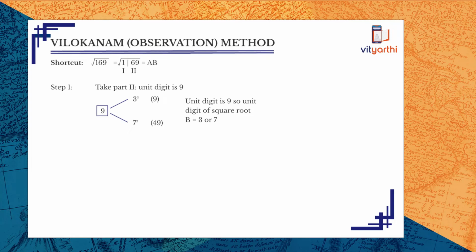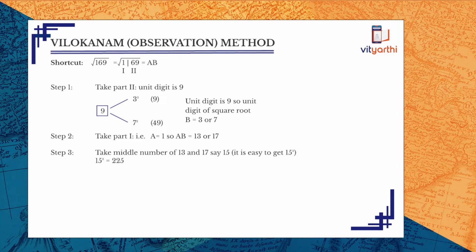It is obvious that the unit digit is 9. 3 square is 9 and 7 square is 49. So we can say that the value of B can be 3 or 7. Step 2. Take part 1, and the value on the left hand side is 1. So A equals 1. Now we can say that AB equals either 13 or 17.